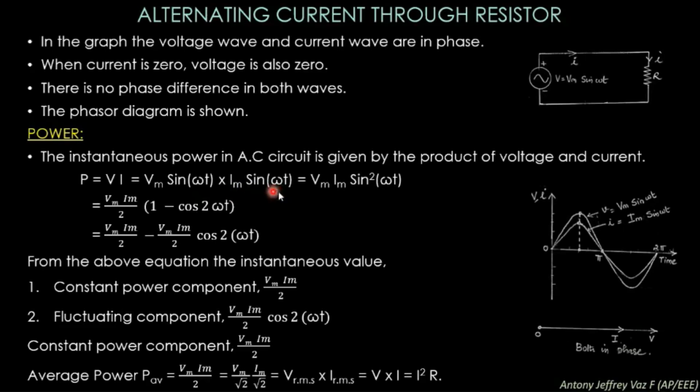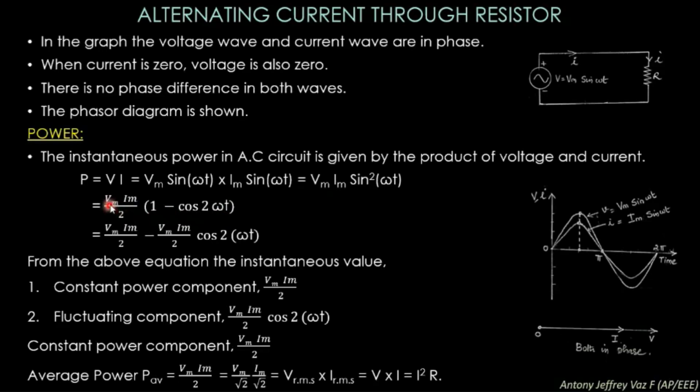What we are going to do is multiply, giving Vm Im sine square omega t. So we can apply the formula for sine square omega t, which is nothing but 1 minus cos 2 omega t divided by 2.